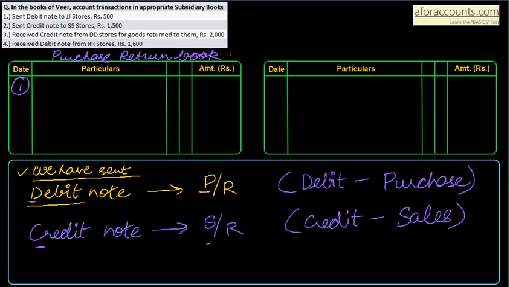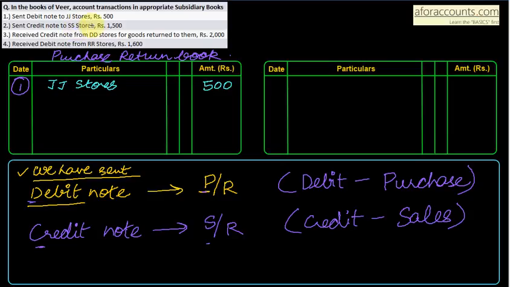First point. Sent debit note to JJ Stores 500. I sent a debit note, so purchase return book. In purchase return book, JJ Stores 500. Understood?